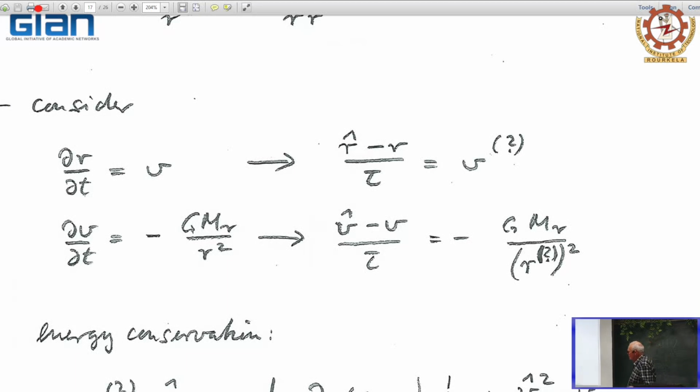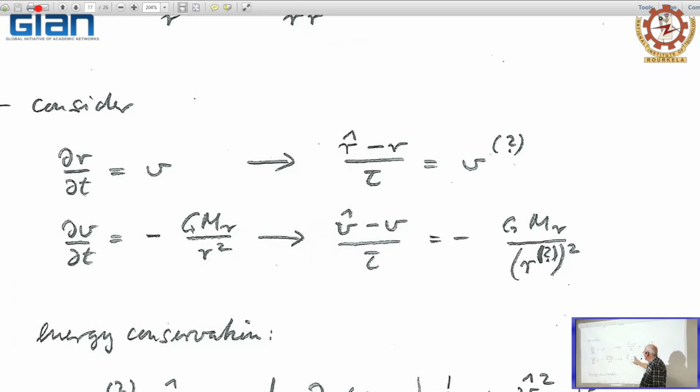Okay, now we have the second equation, which is, let's consider only the gravitational force here. How do we have to discretize the gravitational force? Well, dv by dt, the acceleration, is given by minus GM over r squared, transformed into a difference scheme.